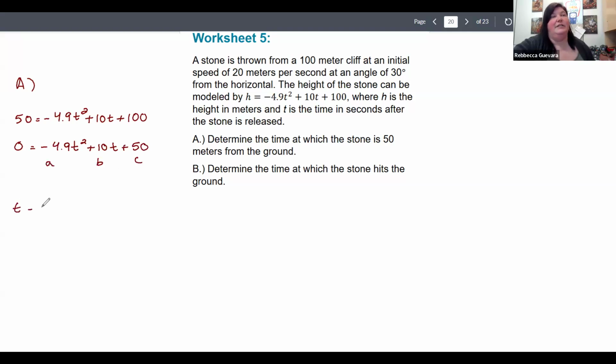That means t is going to be negative 10 plus or minus the square root of 10 squared minus 4 times negative 4.9 times 50, divided by 2 times negative 4.9. Okay, so that will be 100 minus 4 times negative 4.9 times 50.